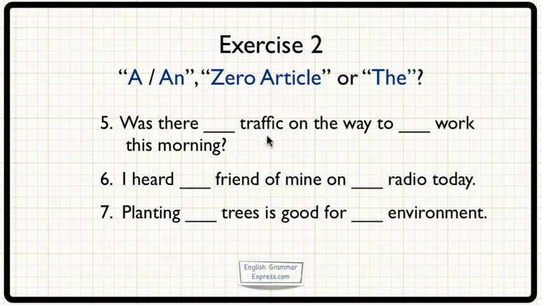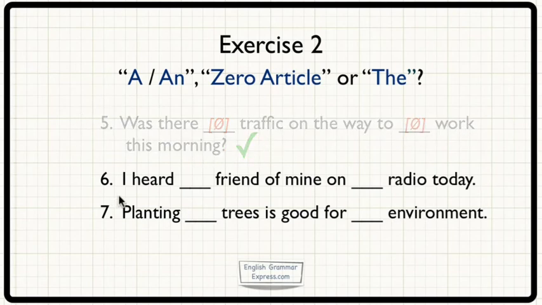In this sentence, the answer is general. So we should say, was there traffic, no article, on the way to something work this morning? Let's go to work now. Now we've seen that work can be used in one of those expressions for zero article. On the way to work this morning. We wouldn't say to the work this morning.